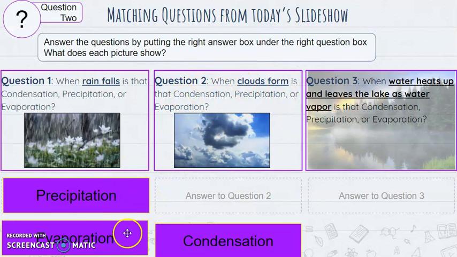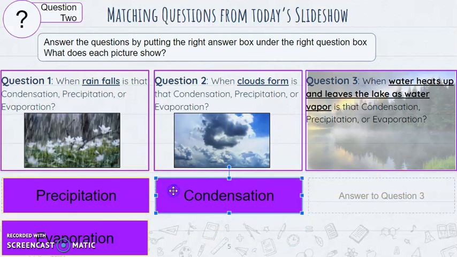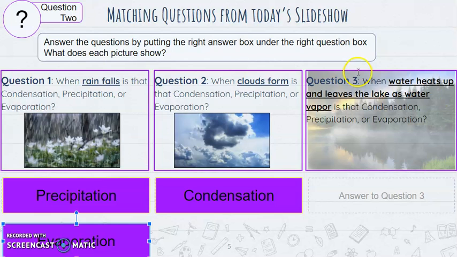Well, let me tell you, that would be condensation, because the water is condensing or sticking to particles in the air and becoming a cloud. It's condensing. And the last one is obviously evaporation. I forgot to read the question. Let me pretend I didn't forget. All right, question 3. When water heats up and leaves the lake as water vapor, is that condensation, precipitation, or evaporation? That would be evaporation because it is going into the air.